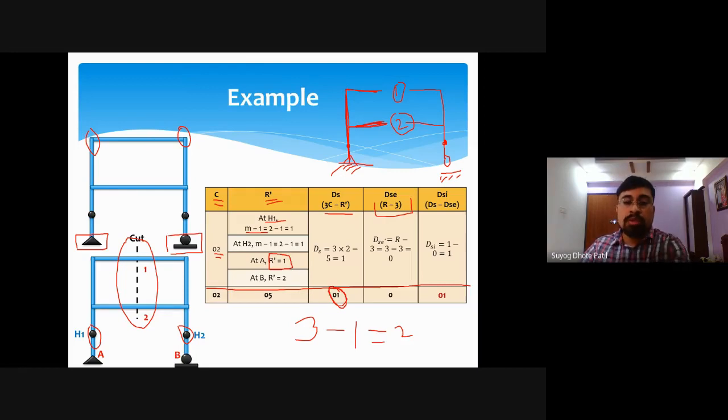That's why 3 is there. So the number of reactions minus 3, where 3 is the number of equilibrium equations. So DAC is equal to R minus 3.